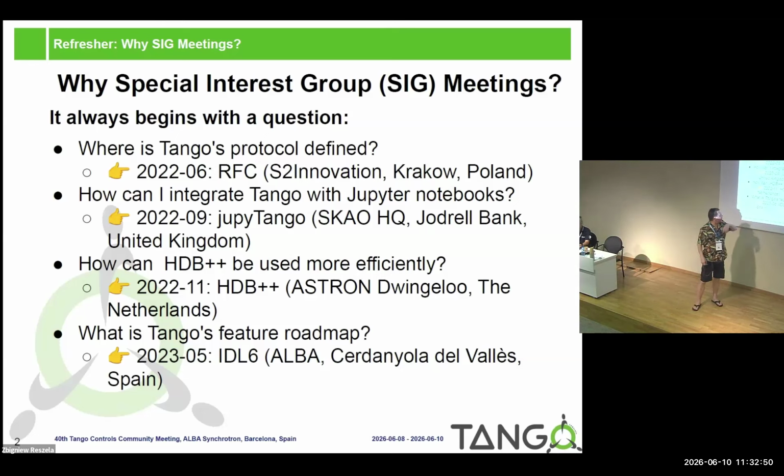So later then we had the Tango feature roadmap. So we actually met here in beautiful Barcelona at ALBA. Thank you very much, Sergi, for the invitation then. And we tried to nail down a roadmap somewhat for Tango Controls, because until then it didn't exist.